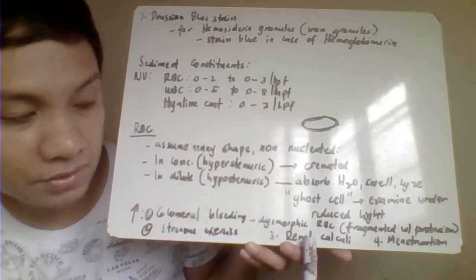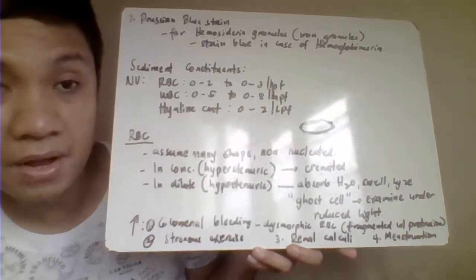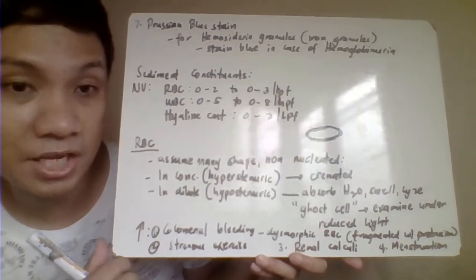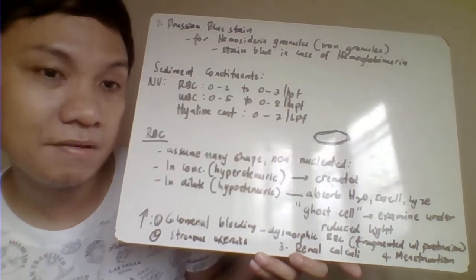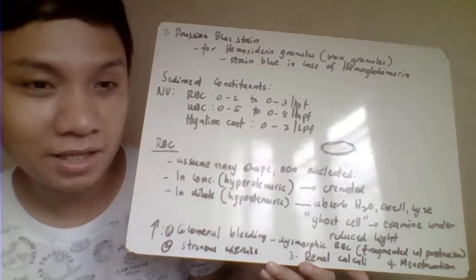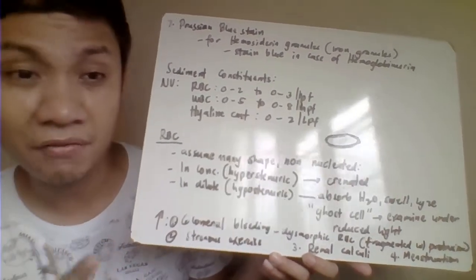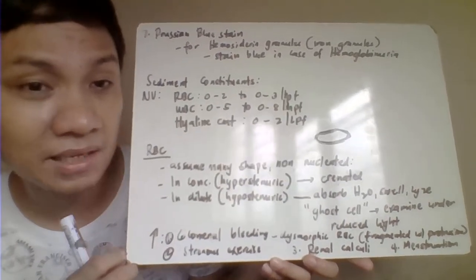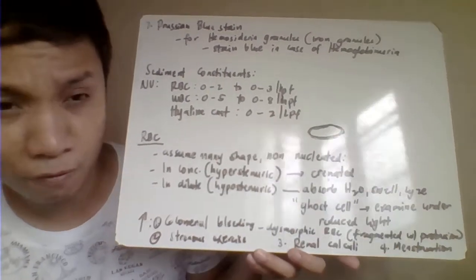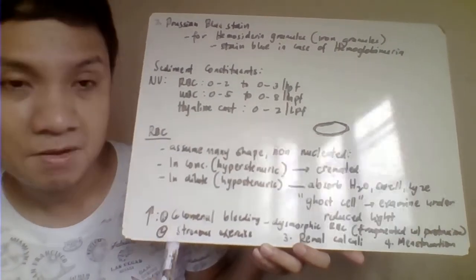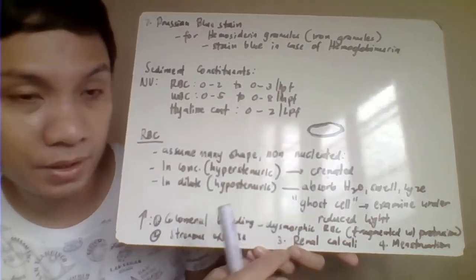Renal calculi is your kidney stone, and you could also have non-pathologic menstruation sa mga female na patient. Pero pag patient natin is not a female, okay, rule out natin ang menstruation. So, it's not normal for the male patient na may RBC kasi diba, hindi naman sila nagme-menstruation. So, it might be meron siyang bato, kidney stone, or might have glomerular bleeding related to renal calculi.